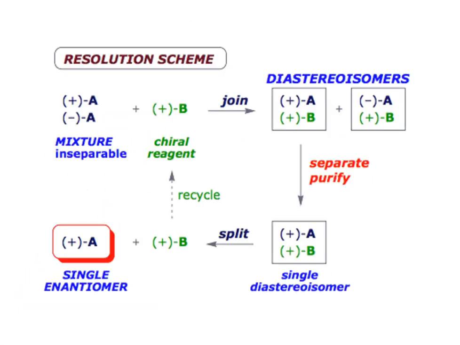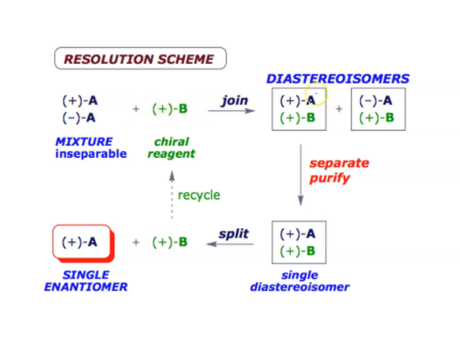I just want to go over a resolution scheme with you, and this is again looking at the future when we're synthesizing things that might be a mixture that's inseparable because they have very similar structures. We have a compound A that has one version of a stereogenic center, and we have a chiral reagent that we're going to be able to interact it with.